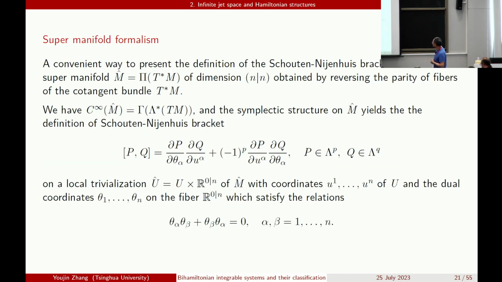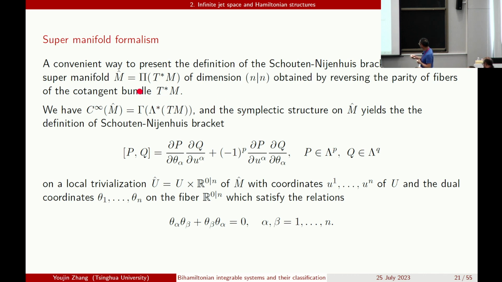For the finite-dimensional case, we can also have a very convenient presentation of these Hamiltonian structures by using the supermanifold formulation. We can consider the supermanifold of the original manifold M by reversing the parity of the cotangent bundle T*M.